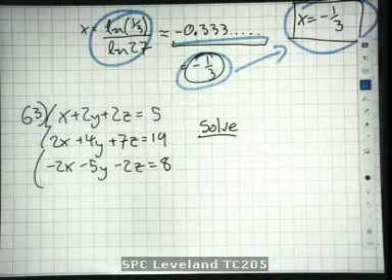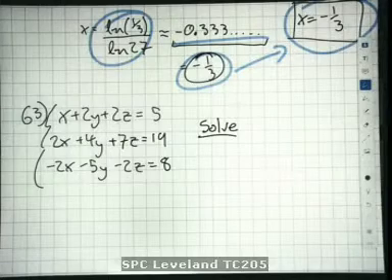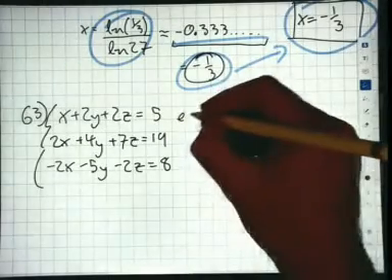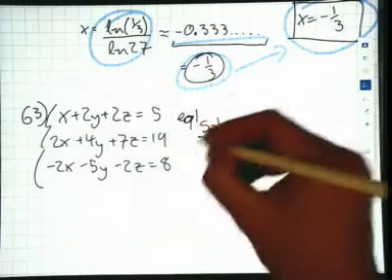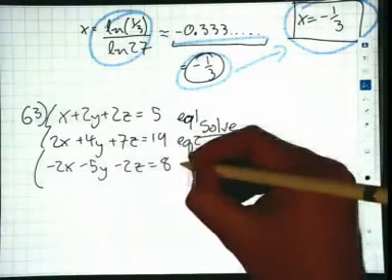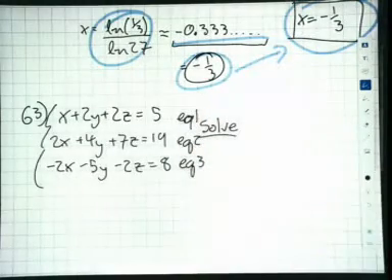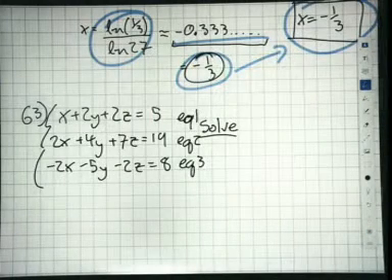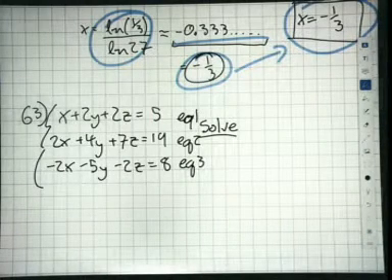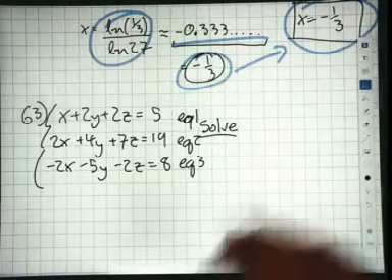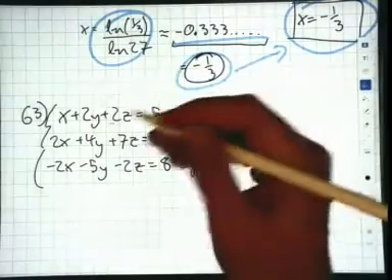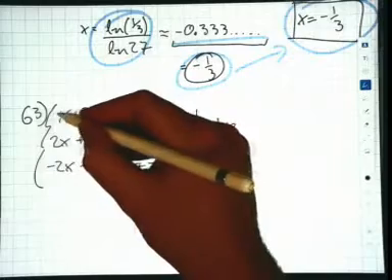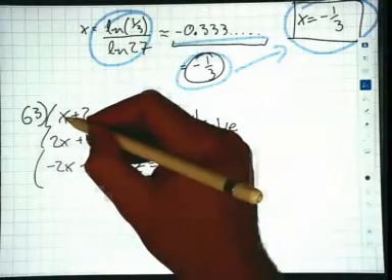Substitution. Alright, so we're going to solve this without thinking about Cramer's rule, without matrices. Fine with me. Let's do this. Substitution and elimination. Alright, so here's what I would do. I love the fact that I have a 1x right here.